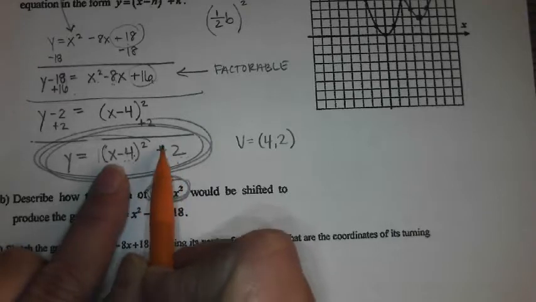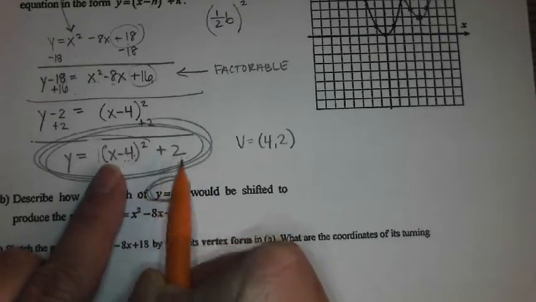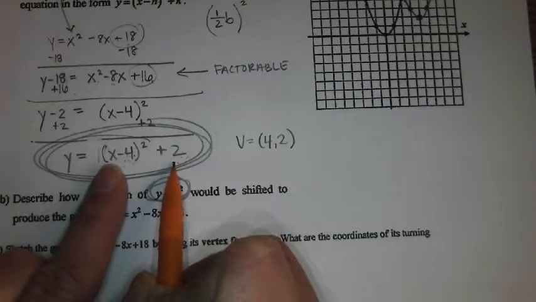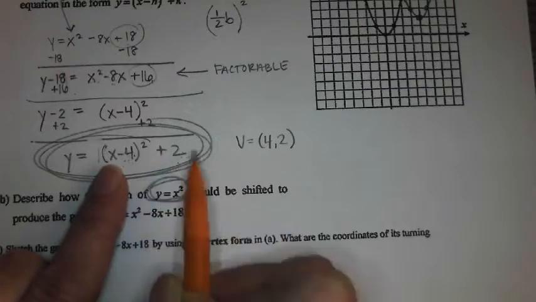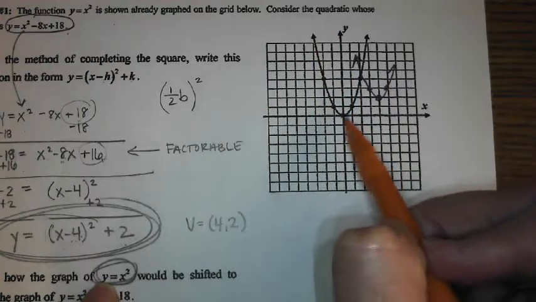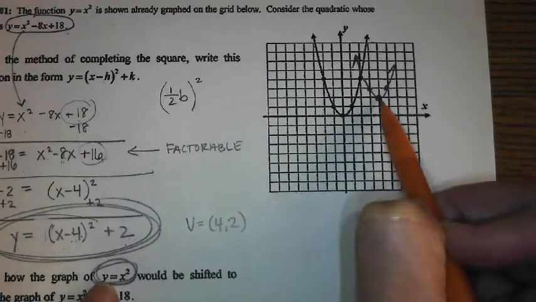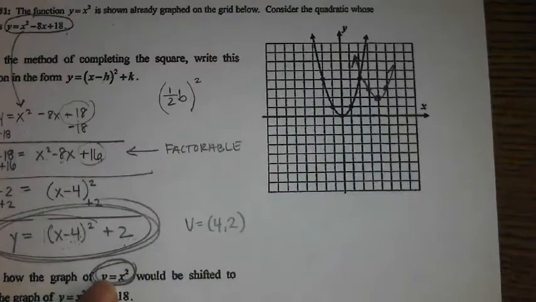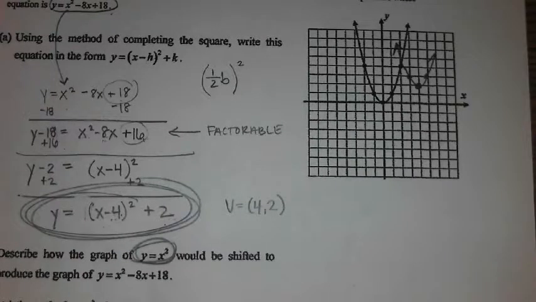And this is a shift that's happening after the parent function, after the squared, so this is shifted in what direction? So the original parent graph got shifted right 4, up 2. Do we see that? So it plays both cards there. It's a transformation thing happening, which you can hopefully now see.